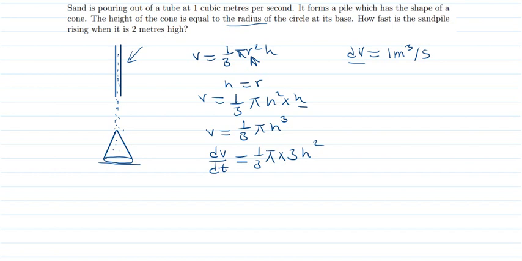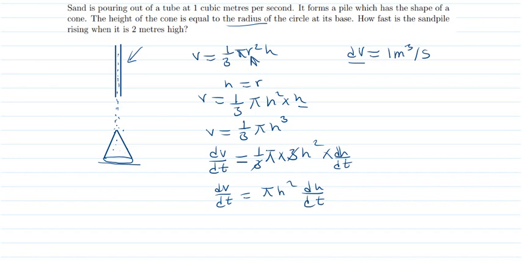Since it's implicit, we multiply it by dh/dt. So simplifying this, we have a 3 here and a 3 here that will cancel out. Then our dV/dt is going to be equal to pi h squared dh/dt.